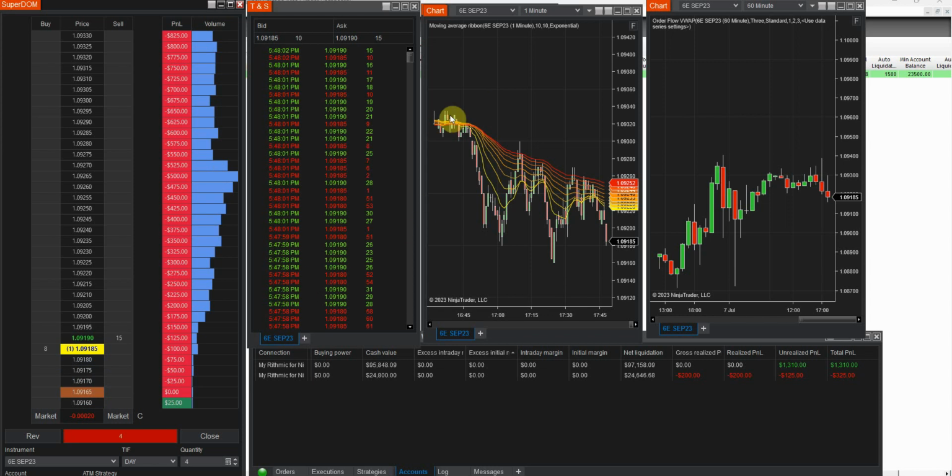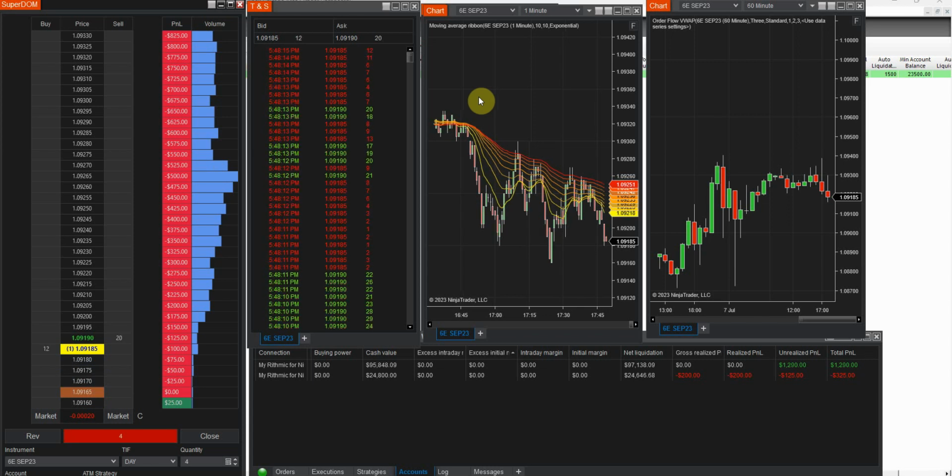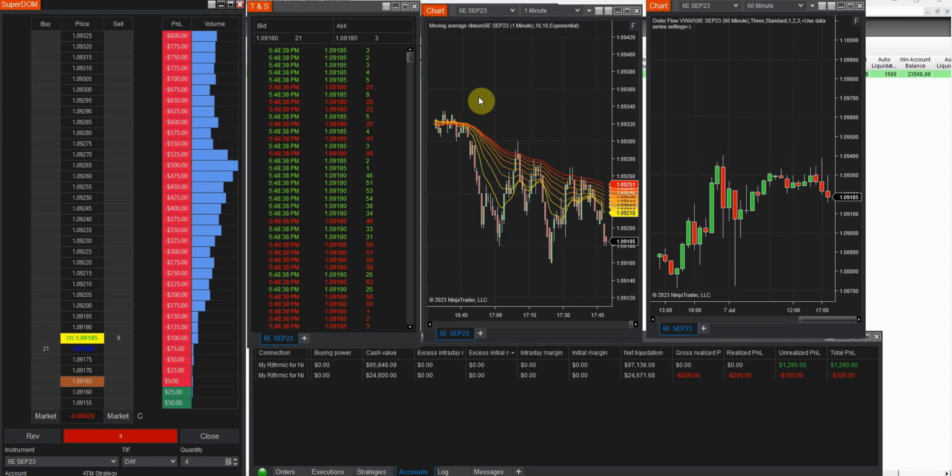A lot of red there, people hitting the bid. So that's sellers entering, aggressively getting out. Here we go. Still balanced. There's not really any one lot of orders that have a bigger number.